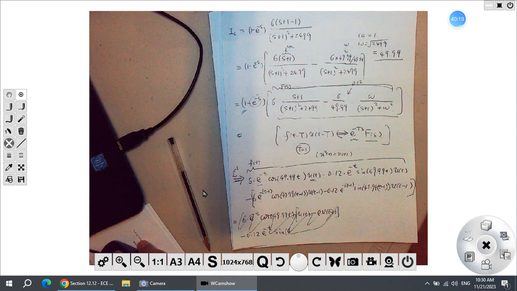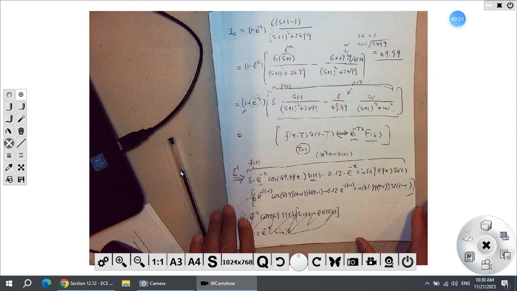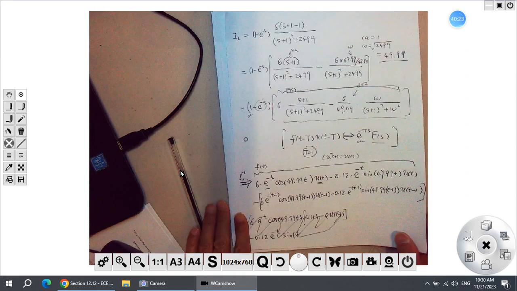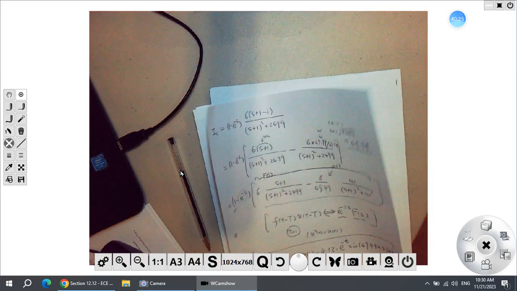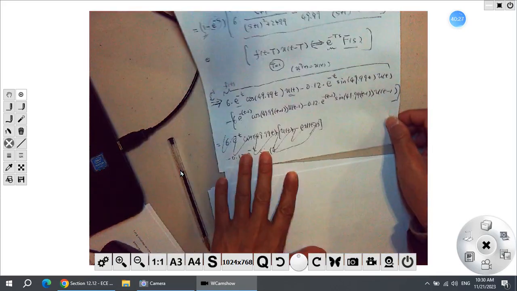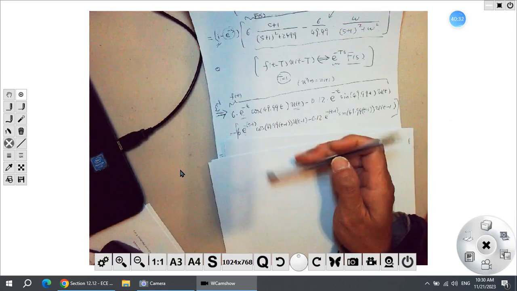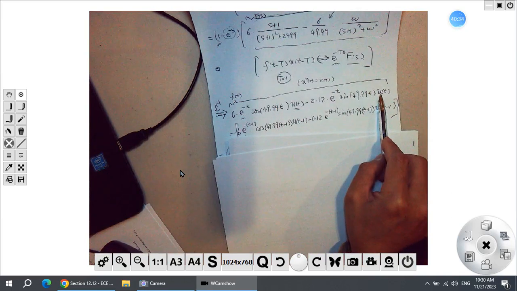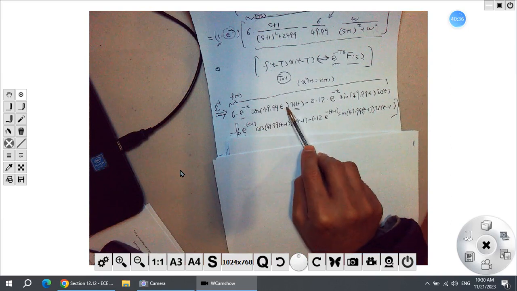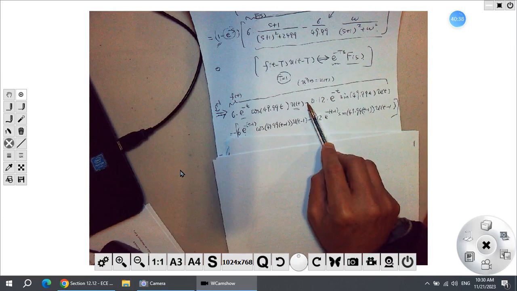So my answer is here, right? Now they work like this. They combine these two terms both with u of t. Here's a t, here's a t, right? They're together.